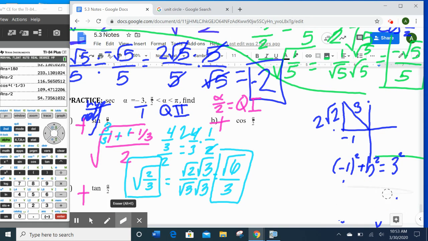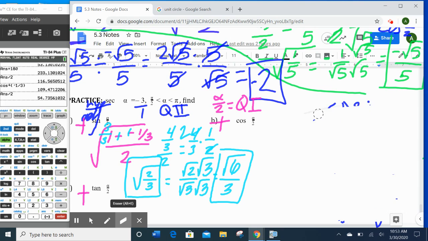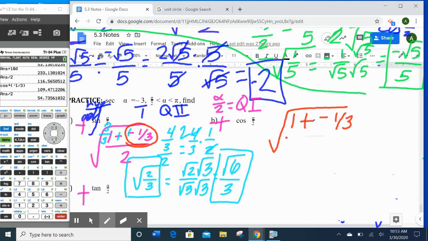Give myself some room to find cosine of alpha over 2. So for cosine of alpha over 2, I'm going to be taking the square root of 1 plus the cosine of alpha, over 2. Well, the cosine of alpha is negative 1/3. So 1 plus a negative 1/3 is 3/3 minus 1/3, which is 2/3, divided by 2, which is the same thing as times 1/2.